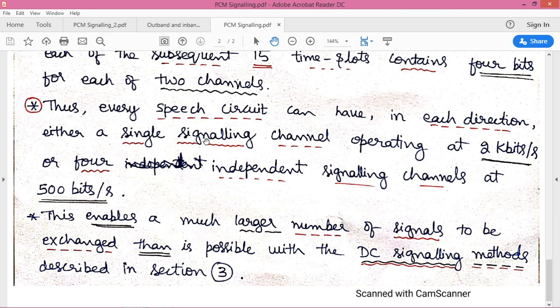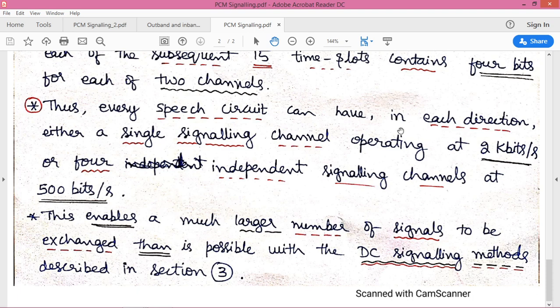This single signaling channel will be operating at 2 kilobits per second, so the data rate inside the single signaling channel will be about 2 kilobits per second in order to support the speech circuit in both directions.